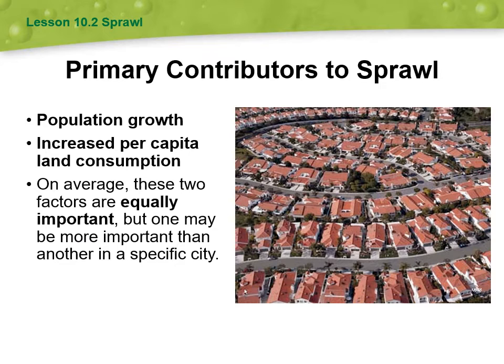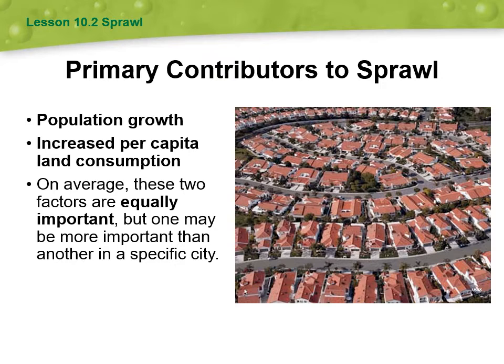So the biggest contributor to sprawl has to do with population growth. As the population expands, they have to find places to live, and the cities cannot always accommodate them depending on the infrastructure. And so when you have sprawl, that increases your land consumption per person, because now you have individual homes that house only one family, or in some cases one person, with little yards associated with them, which are not enough green space to have any impact really on our carbon that we're producing.